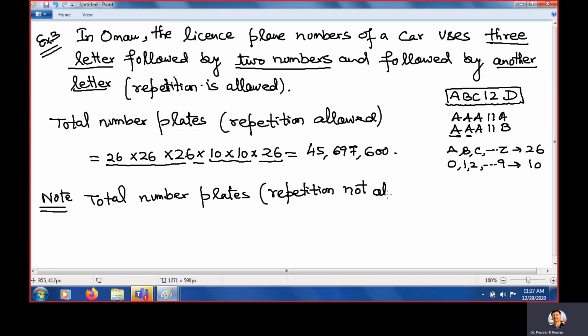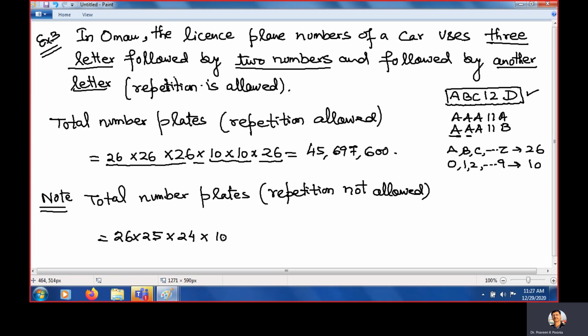not allowed. Means same letters and numbers are not possible. It will be like this one, different: A, B, C, D, A, B, C, E, 1, 2, 1, 3. So same ones are not possible. Then how many? First can take 26. Because one letter is already fixed here, so second can take only 25. Third can take only 24.